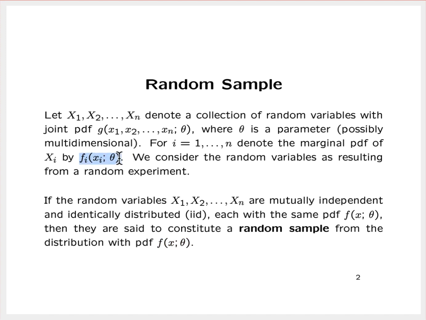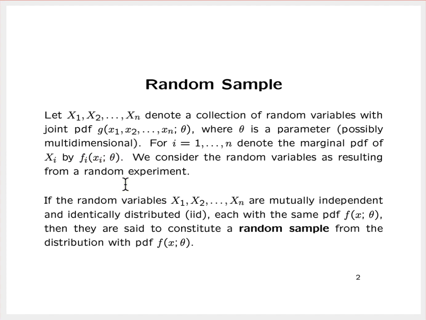So the initial notation allows for the PDFs of the n random variables to differ. f1 being the marginal PDF of x1, f2 being the marginal PDF of x2, and so forth, up to f sub n being the marginal PDF of x sub n.